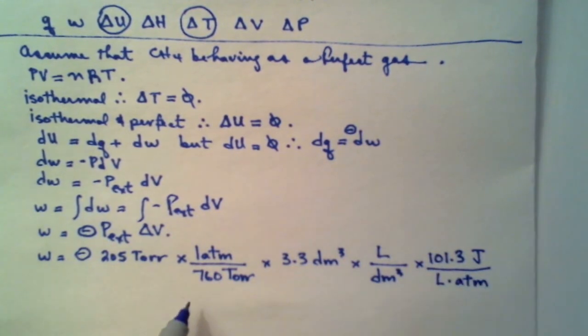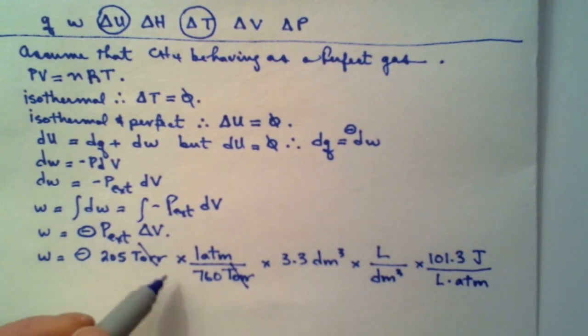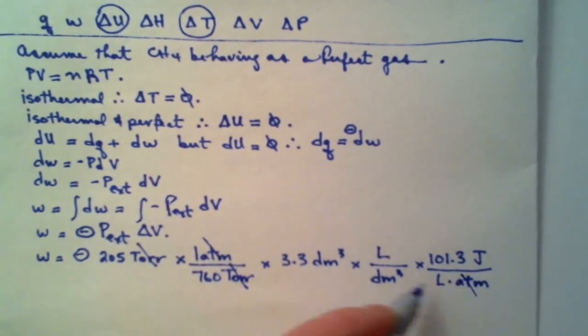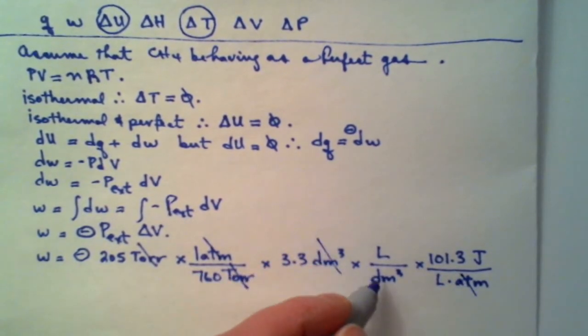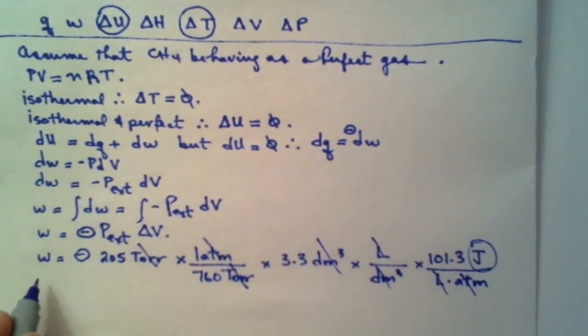What that allows me to do then is to demonstrate nice and clean and clearly within the question all of my unit cancellations. Torr, atmosphere, decimeter cubed, liter, and I'm left with joules.